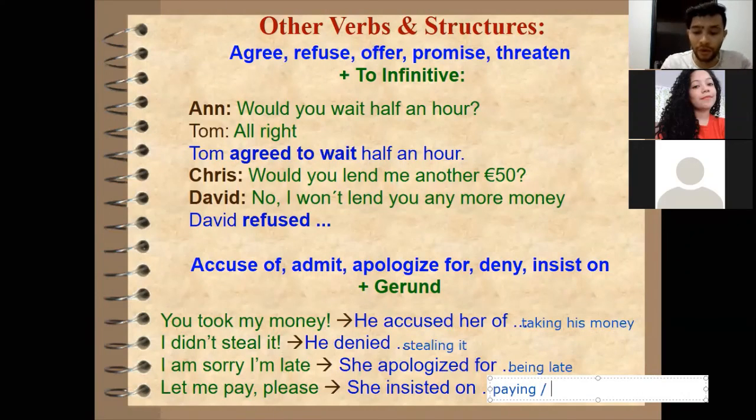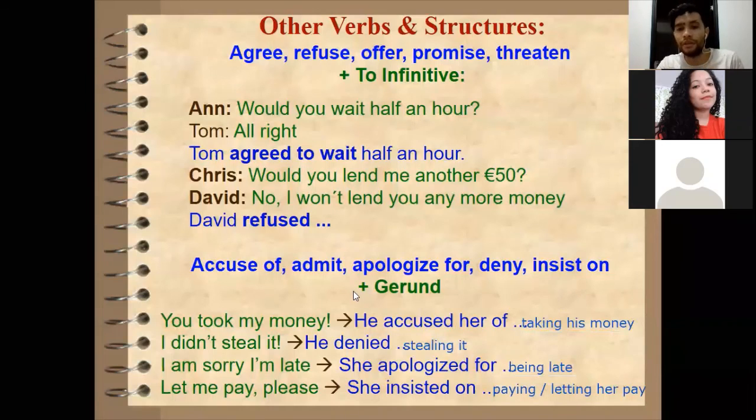She insisted on letting her pay, right? So this is like the way we use the gerund and the way we use the infinitive. It's like two ways we use the report speech.